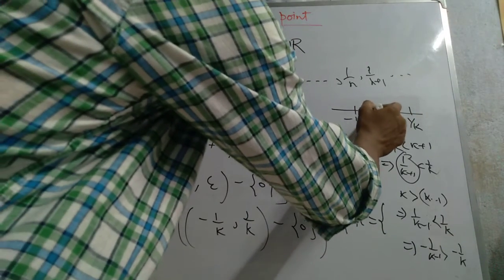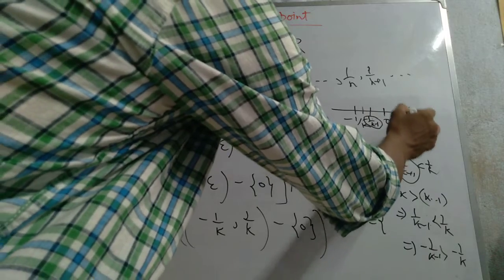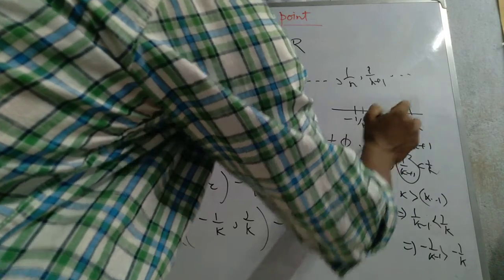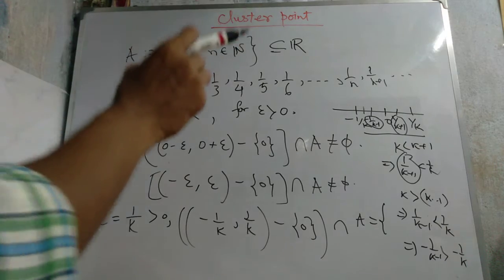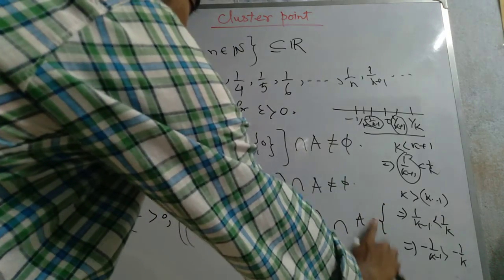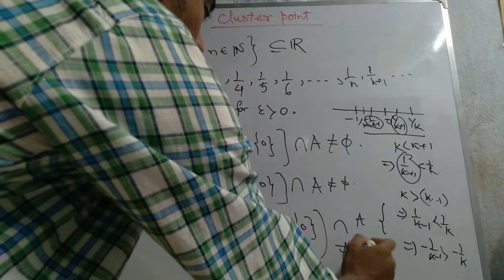Then this one is 1/(k-1), 1/(k+1). In this way, many points are between these, that means this is not equal to empty set.